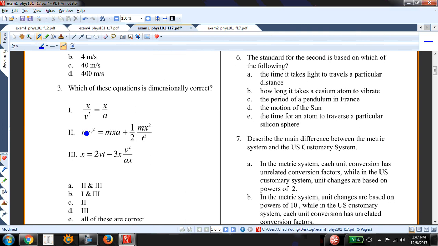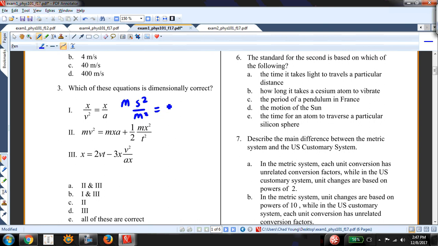On these, you put in the dimensions or the units for each of the variables and then check, are they consistent on each side of the equation? So for example, this first one, I have meters, and then I have v squared, that's going to be seconds squared over meters squared. V is meters per second, it's in the denominator, so I bring it up into the numerator and flip it over.